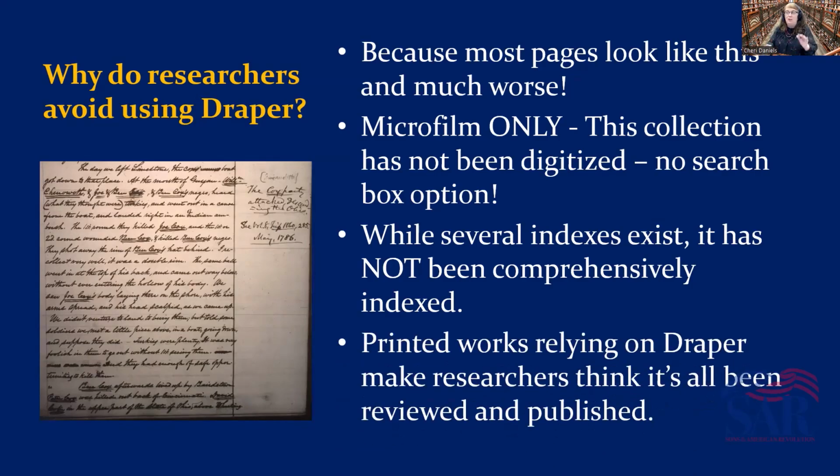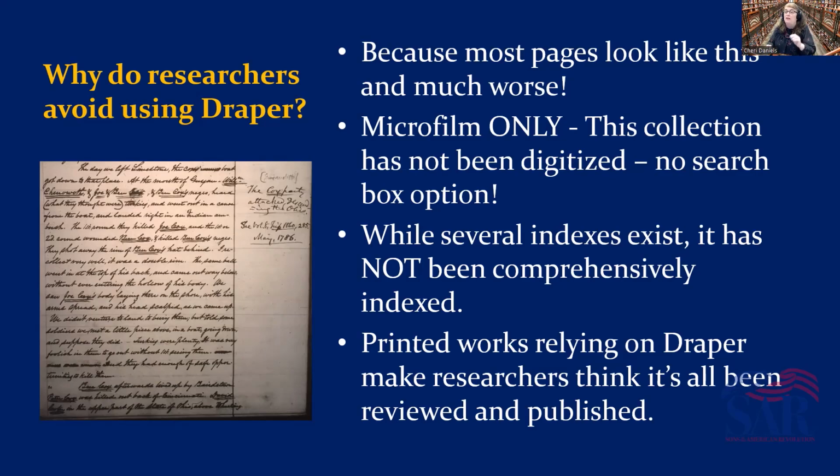One of the things that you might encounter while you're out doing your research are printed works that cover subjects, usually of the Revolution. I'm thinking of one just sitting on my bookshelf next to me about Kings Mountain. You'll see these kinds of published works, and they will say that they're based on the Draper manuscript.